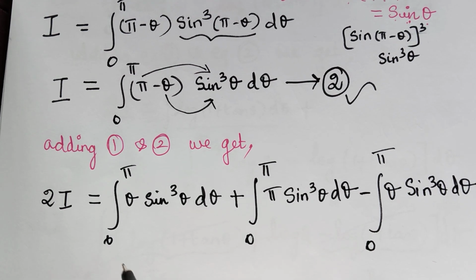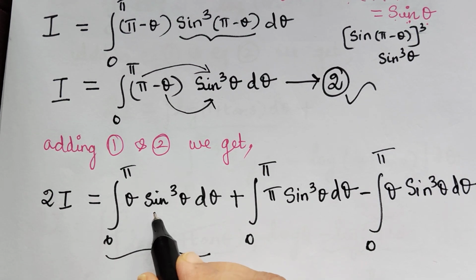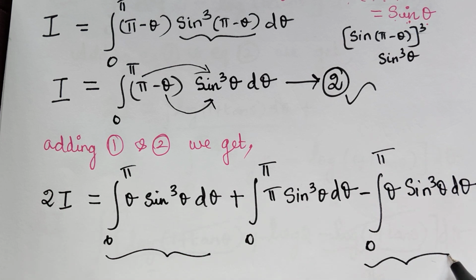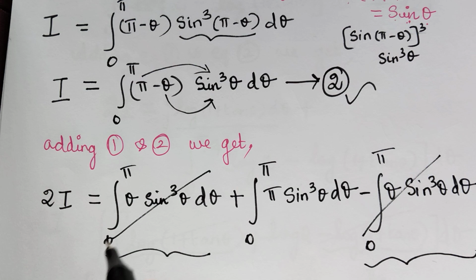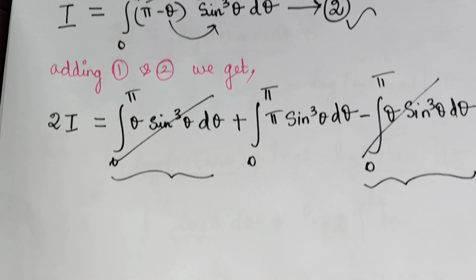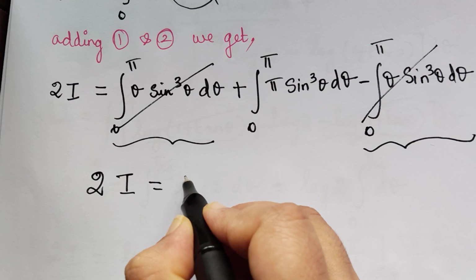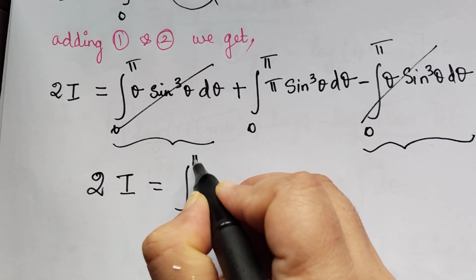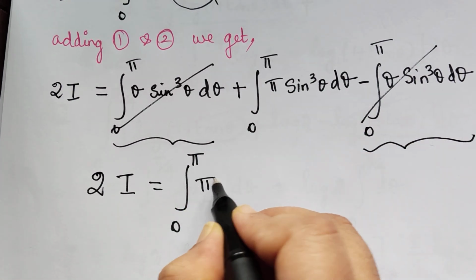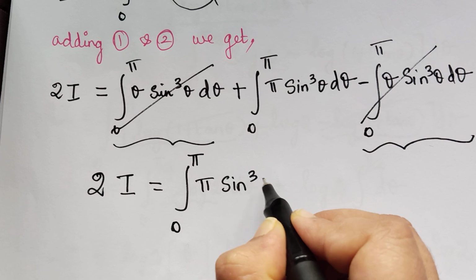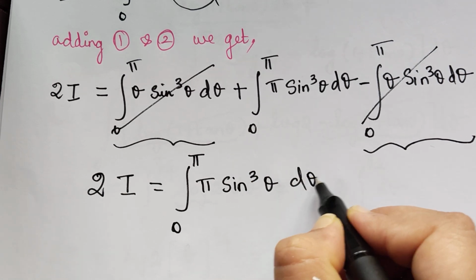Now if you see, this first integral is a positive integral and this integral is the same with a negative, so they will get cancelled, and so we get 2I equal to integral 0 to pi, pi sine cube theta d theta.